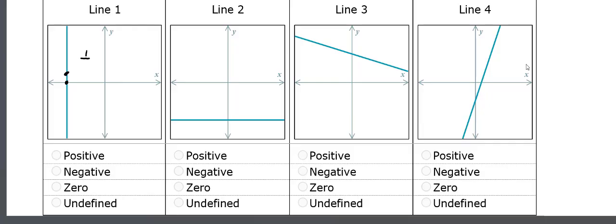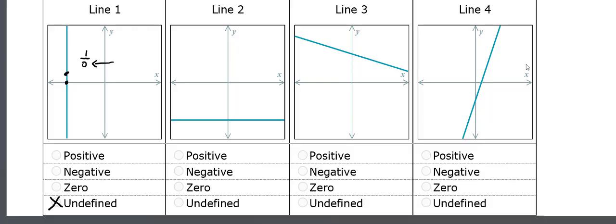And the change in the run, how far do I move left or right? I moved 0. So for all vertical lines, we'd end up with a denominator of 0, which would make our slope undefined. So a vertical line has a slope that's undefined.